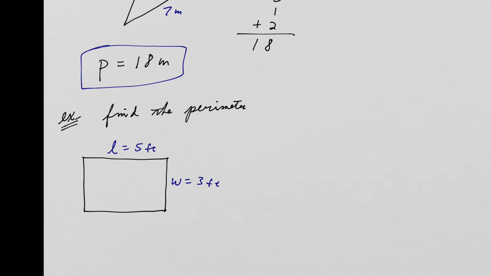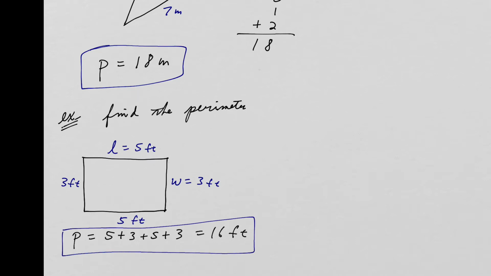Okay, so first thing, we know that with a rectangle, if this length is 5 feet, then this side must also be 5 feet, right? They're the same exact length. So this must also be 5 feet. And the side opposite, the one I labeled the width, that also has to be 3 feet. So then the perimeter is going to be 5 plus 3 plus 5 plus 3, and that's equal to 16, and it has units of feet. So 16 feet in that particular example.